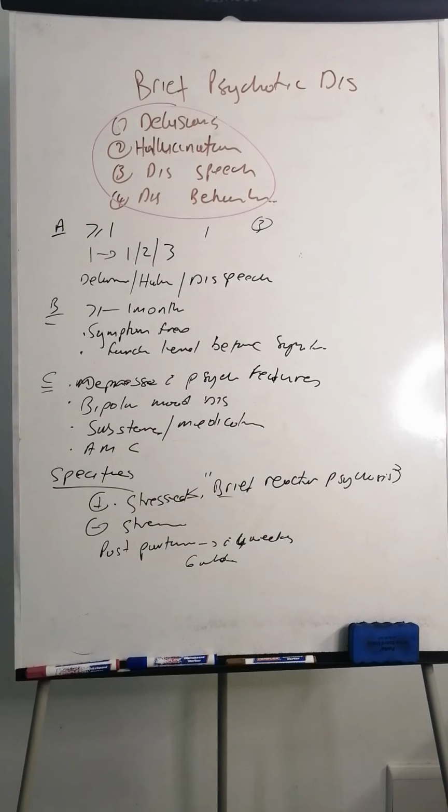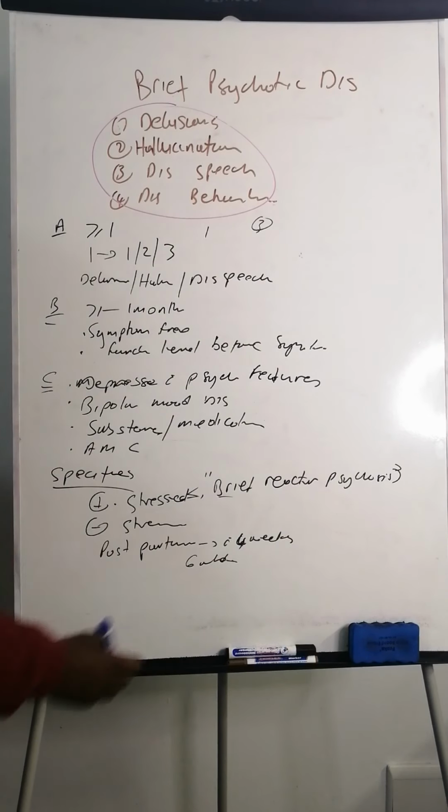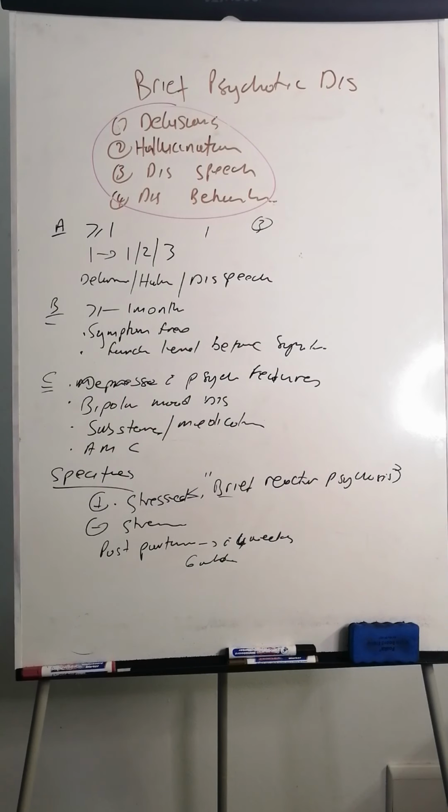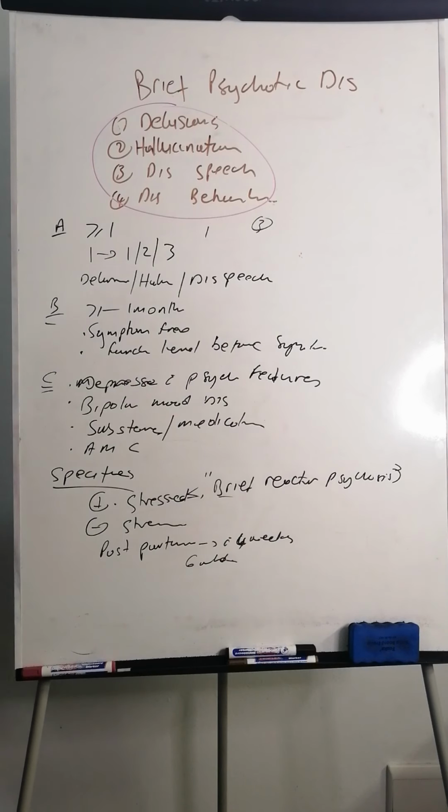So I will briefly explain it again. What I'm saying, guys, is that all psychotic disorders share these symptoms. They don't have to have all of them for us to say that it's a psychotic disorder.